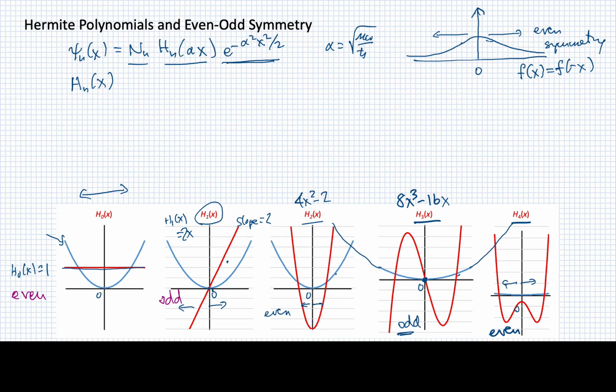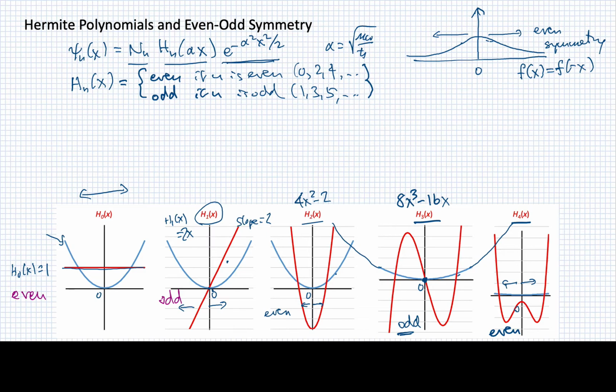And we can verify then that for the Hermite polynomials, these are even if n is even, so that means 0, 2, 4, and so forth, and they're odd if n is odd, 1, 3, 5, and so forth. This actually is preserved by the recursion relation.